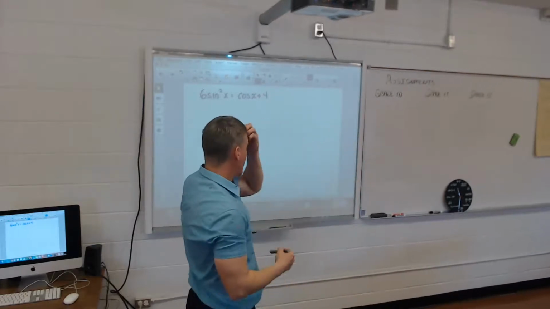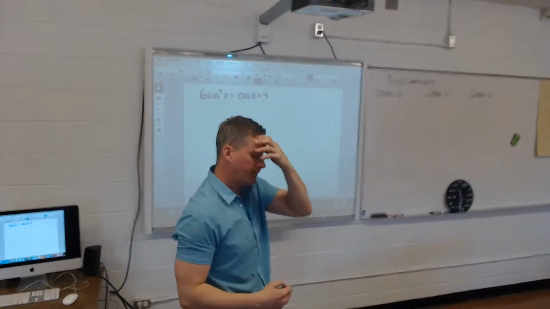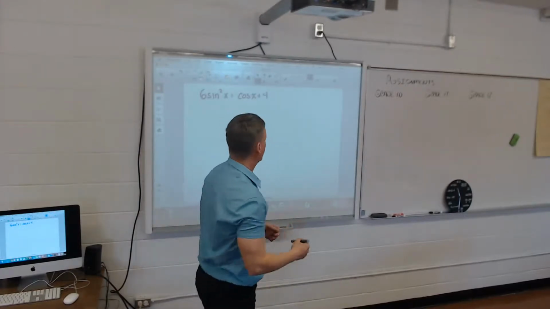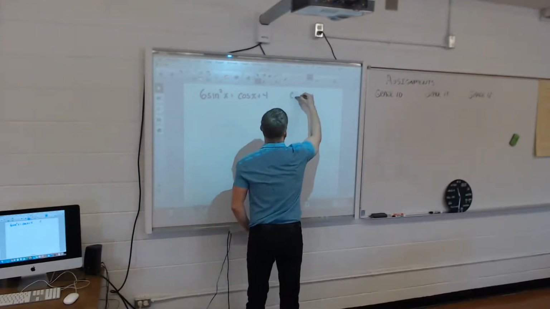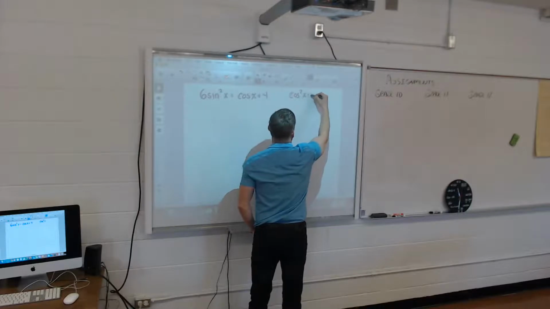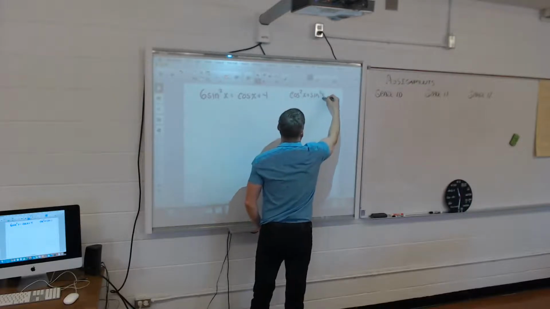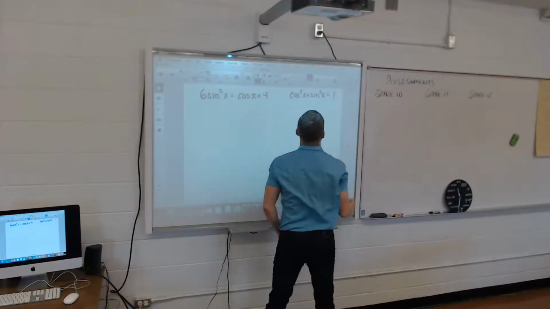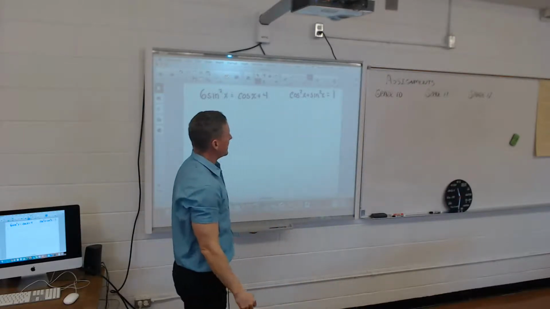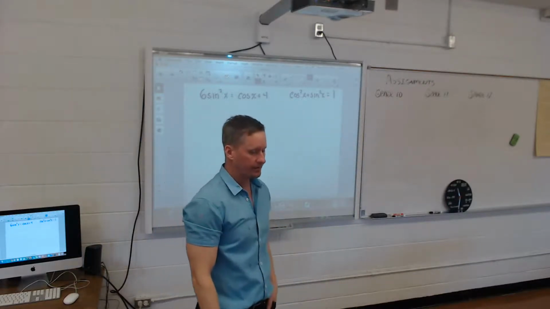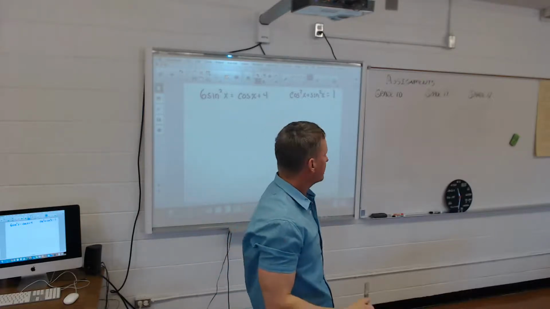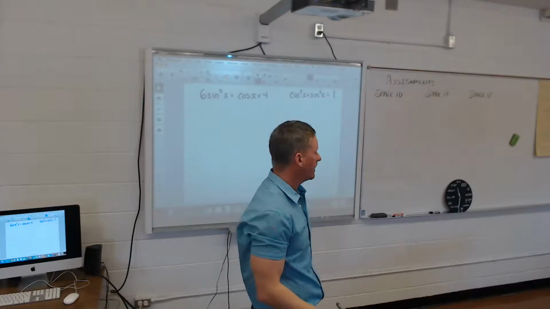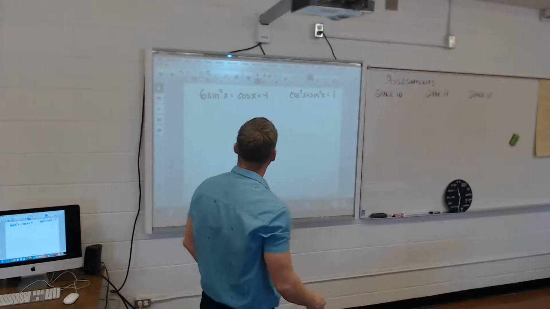So here is the number one thing that you're going to find out, that you're going to use a lot. And that is this: cos squared x plus sine squared x equals 1. This is the Pythagorean identity, and you're going to use this a ton to convert.